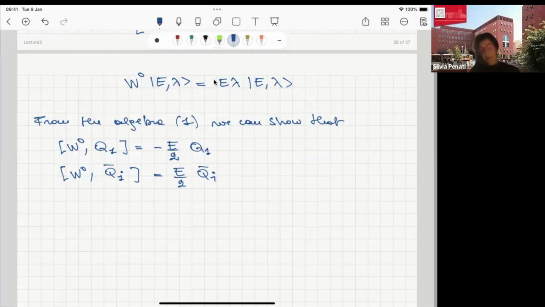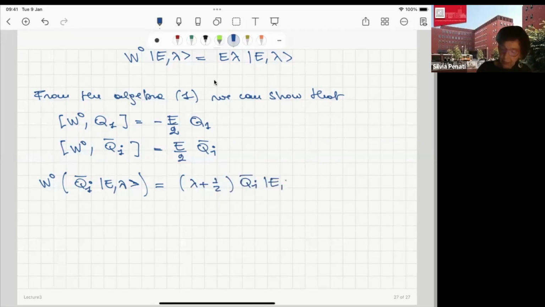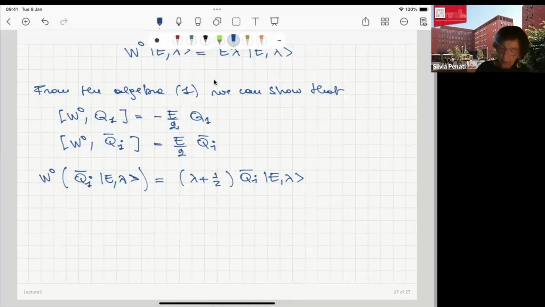Okay, so from here it's easy to see that if you consider W0 applied to Q bar 1 dot on E lambda, what you end up with is lambda plus 1/2 times Q bar 1 dot E lambda, and therefore this can be identified with E lambda plus 1/2.